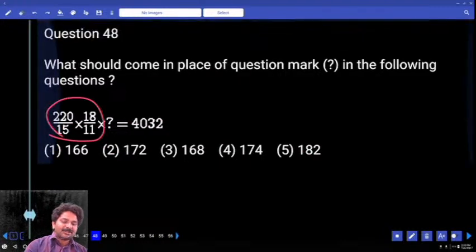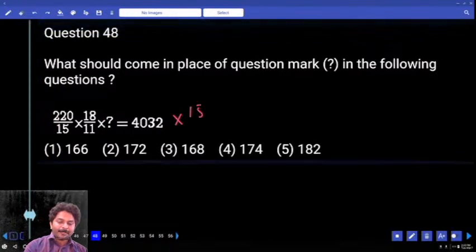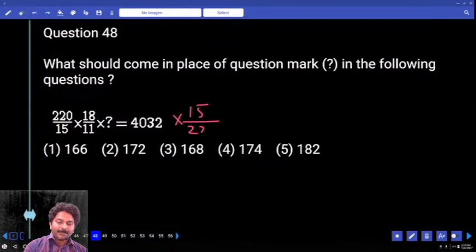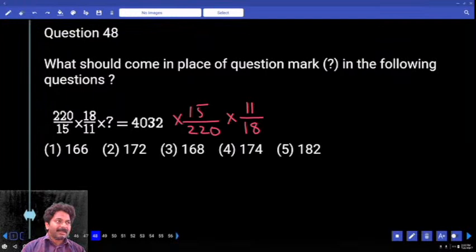Let us take these two numbers to the right hand side. Then it becomes into 15 by 220 into 11 by 18. Now I want to verify the last digit. That is not possible as long as you have 5 multiples in the numerator or in the denominator.